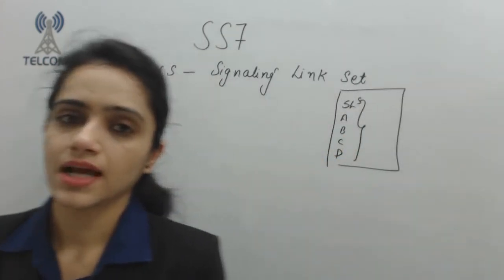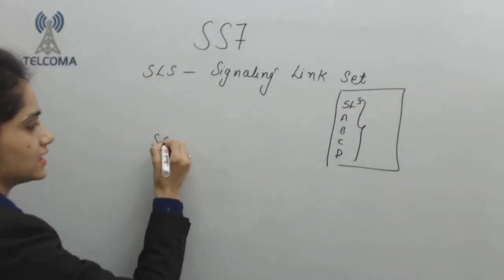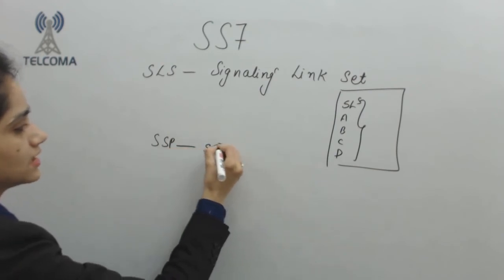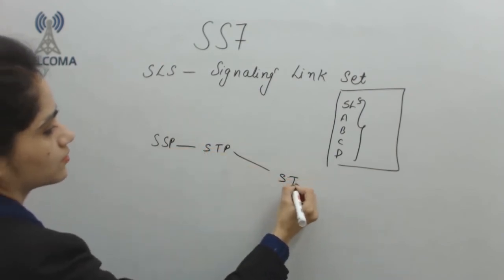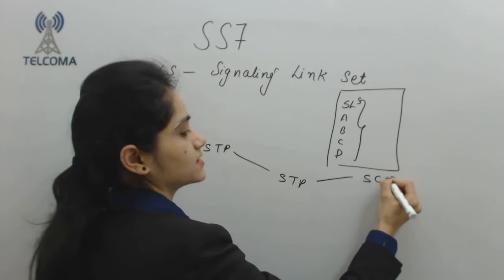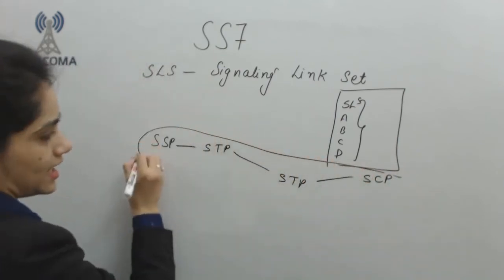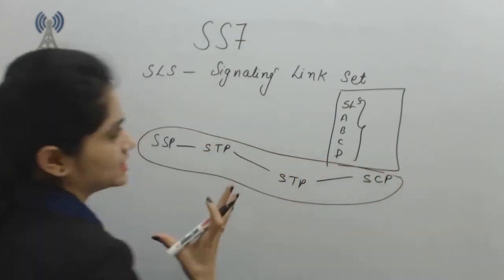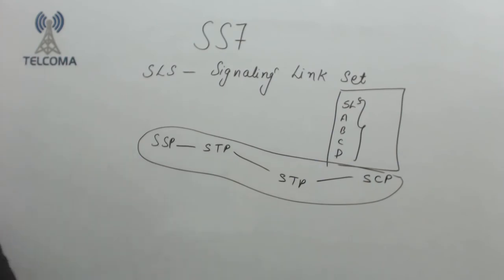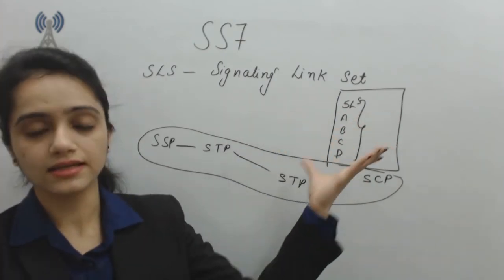For example, I require a signaling connection from one SP, then an STP, then I go to another STP, then an SCP. The links I am following will be my complete set of links, and that will be represented as a signaling link set.